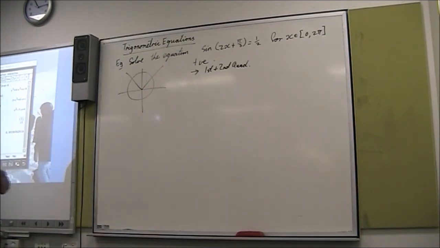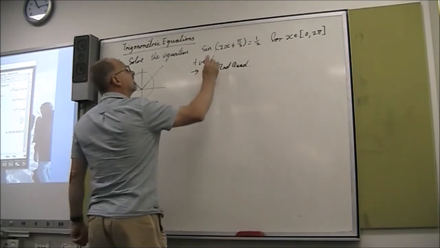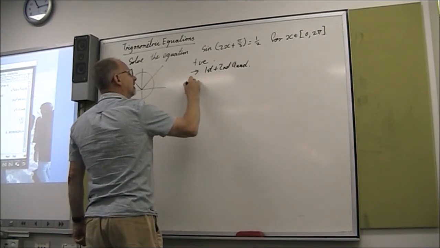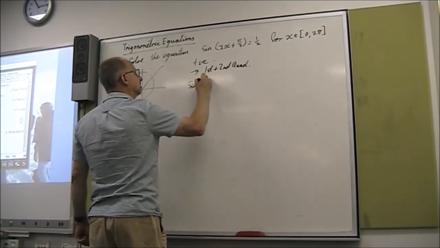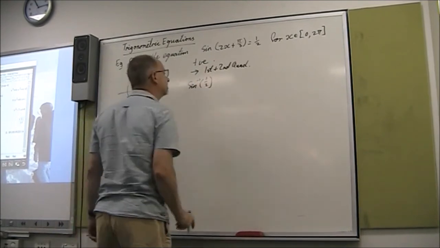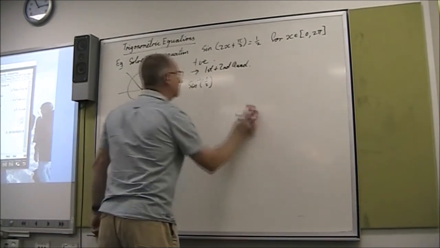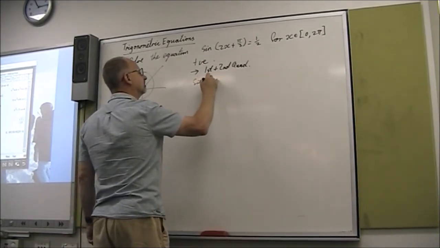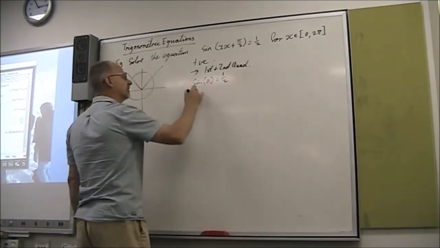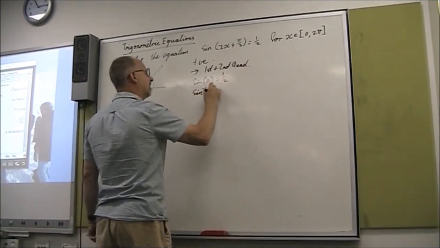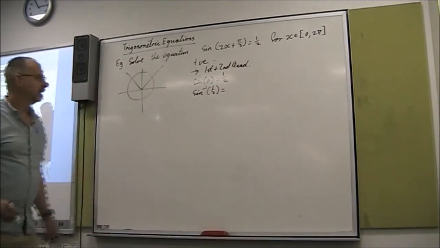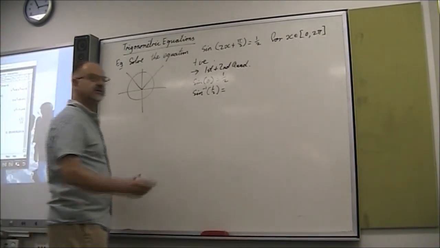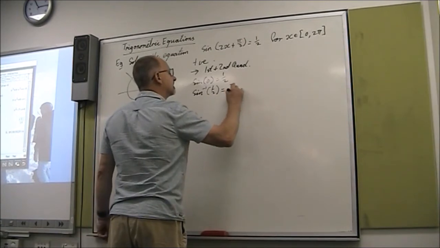So what do I need to figure out about it? I now need to look at the half, the inverse sine of a half, or what angle, if you like, is a half, either one you want to do. Sine -1.5, however you want to look at that. And the angle that has a sine value of a half is pi on 6.